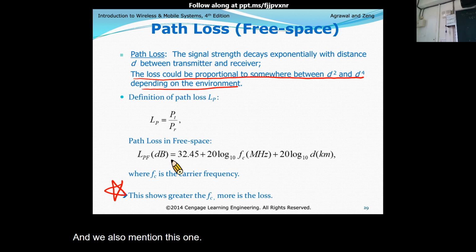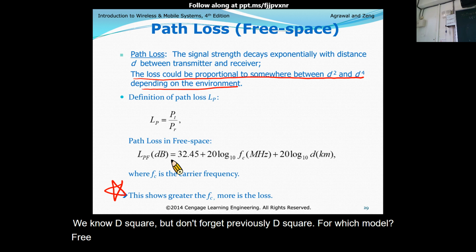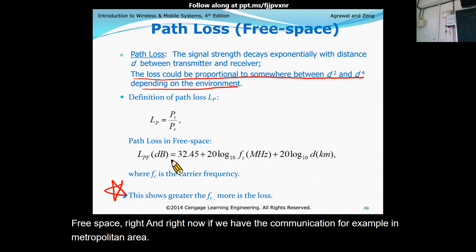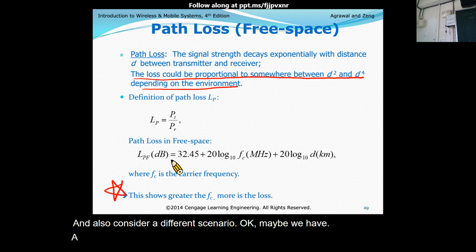Well, we know d squared, but don't forget, previously d squared for which model? Free space, right? And right now, if we have the communication, for example, in a metropolitan area, a different scenario. Maybe we have a really wide area without any buildings, and that case applies to free space.